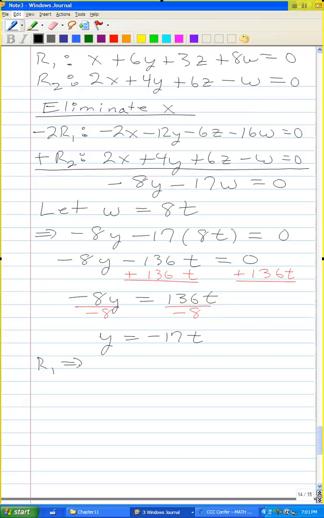By the way, this is going to be a two-parameter family of solutions, not just one parameter. R1: x plus 6y plus 3z plus 8w equals 0.